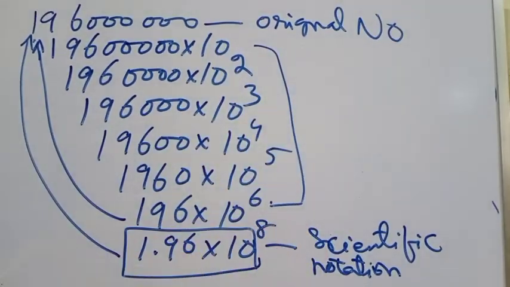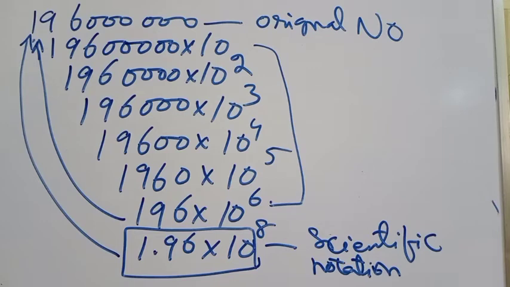The answer is that in scientific notation there must be only one non-zero digit to the left of the decimal point. In our example, 1.96 multiplied by 10 to the power 8 is equal to the original number. So scientific notation is a way to write a really big number by reducing it to a small number multiplied by 10 to a power.